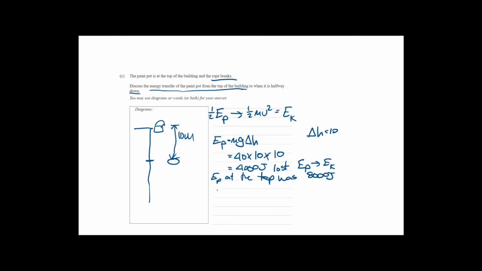So the kinetic energy is going to be half mv squared. We know that's equal to 4,000. So half times 40 times the velocity squared equals 4,000. So 20 times v squared equals 4,000. So v squared is going to be equal to 400 divided by 20.